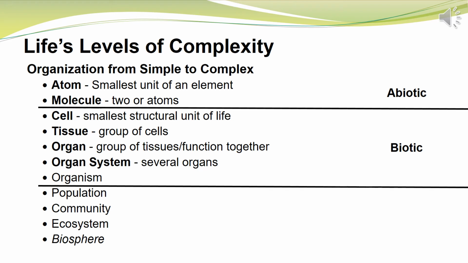And then a group of organisms of the same species is a population. A group of several organisms from different species is a community. All of these groups of organisms create an ecosystem, and all these ecosystems together create the biosphere. Don't worry too much about these four on the bottom, but just know they're there.